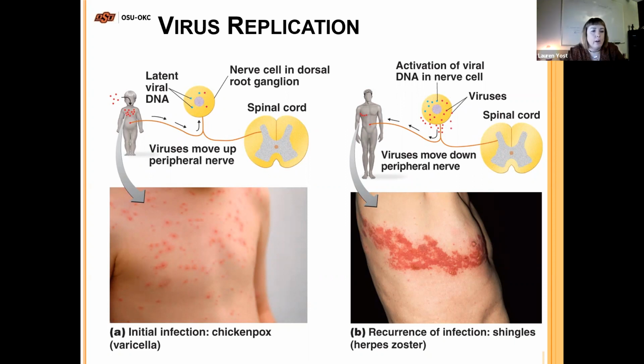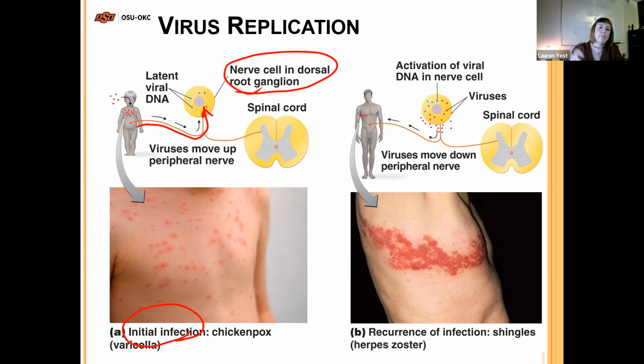So this is how it's going to crop up. You have your initial infection, like you have in kids, with a widespread rash all over. Your body fights it off and you're doing good. You don't think about it anymore, and you're healthy now, because the virus has moved from your body out into an area of the spinal cord known as the dorsal root ganglion, the nerve cells in your spinal cord. Essentially, it will hide out there and just stay there.